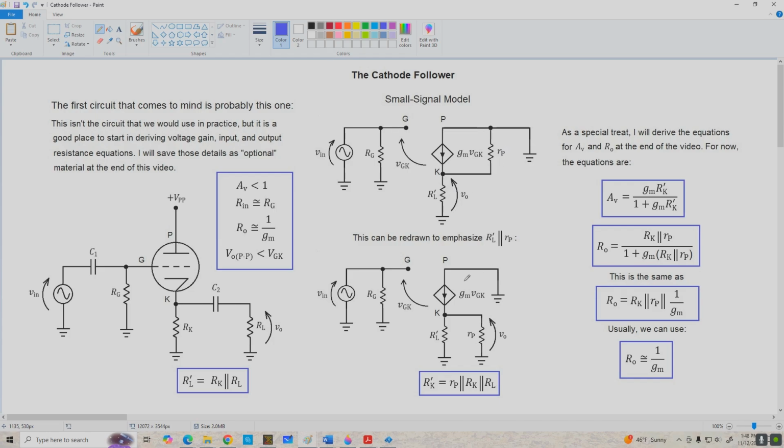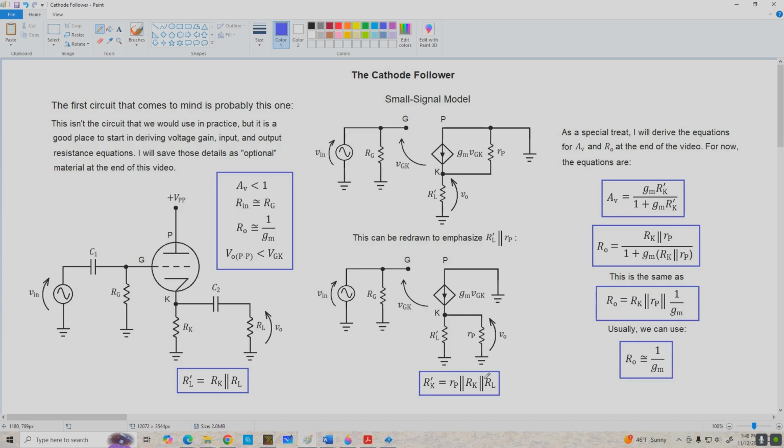So if I redraw the circuit to emphasize that, we can see it very clearly. And I'm going to lump all of these resistors together into a single effective cathode resistor, R'K, and that's little rp in parallel with R'L, which is RK in parallel with RL. We'll be using this in the derivation of the voltage gain for the circuit.